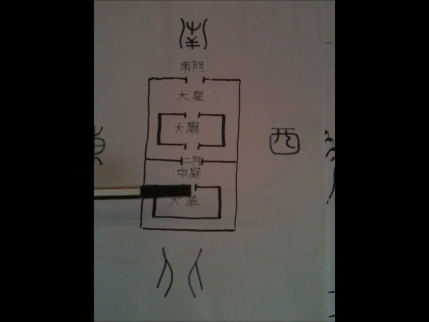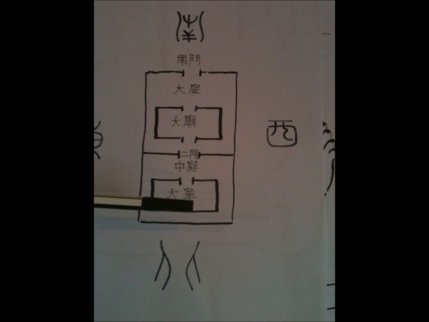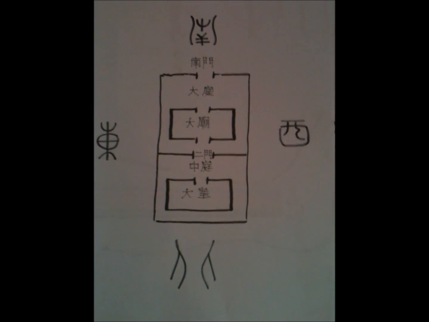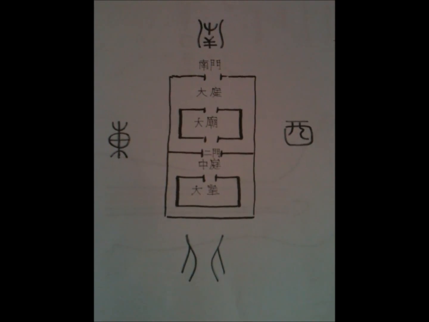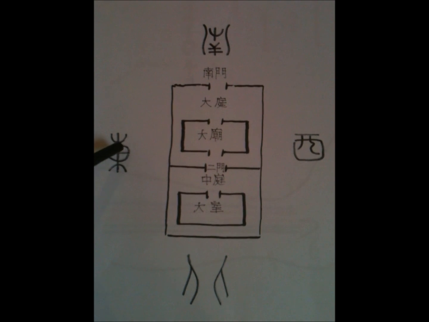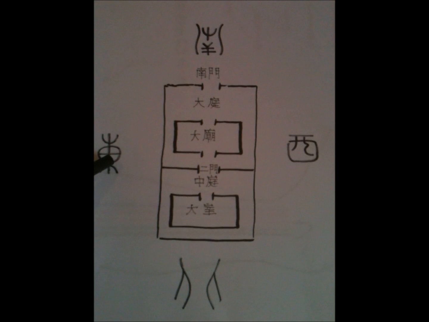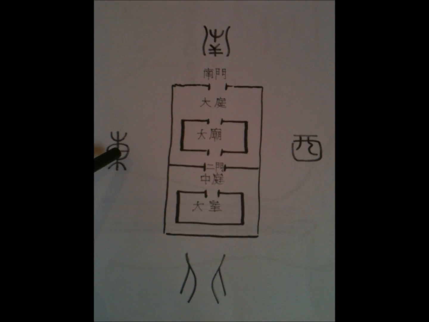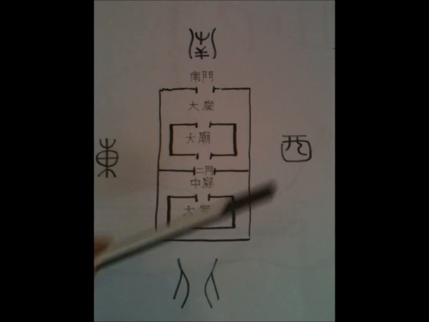So the emperor would be giving his orders and directions facing to the south, facing the movement of the qi, because the sun would be visible, and the movement of the sun is from the east to the west.